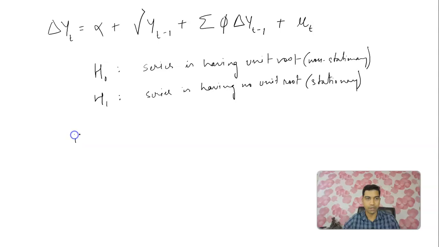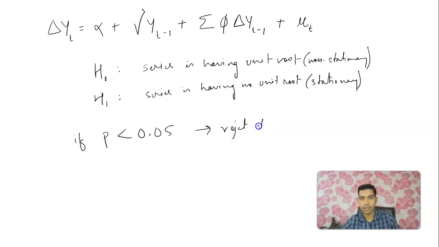Now, how to check the decision rule? This is important. If your p value, probability value, is less than 0.05, that simply implies we reject the null, H naught. What is our null?